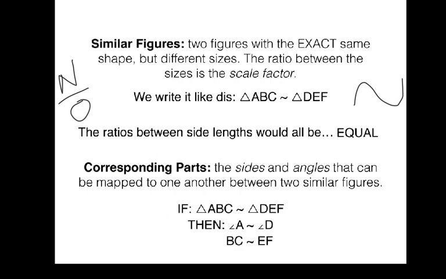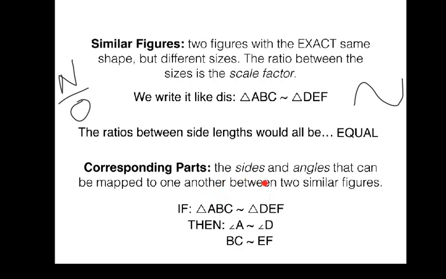Corresponding parts, this is the sides and angles that can be mapped to one another between 2 similar figures. And all this is saying is that if triangle ABC is similar to triangle DEF, then that means that angle A and angle D are congruent, similar. See how the A and D are both number 1?